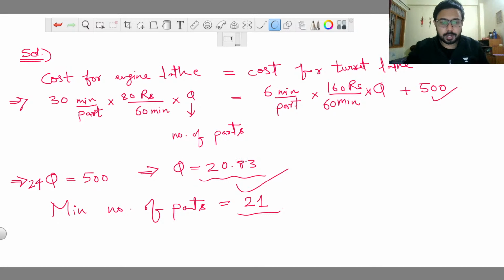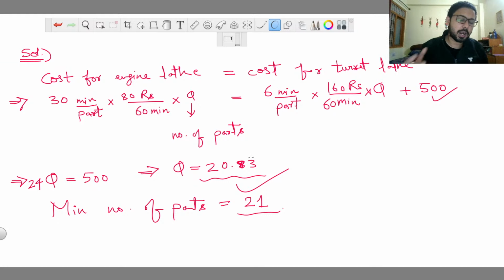If you create 20 parts, you will find your engine lathe to be more economical and the turret lathe to be less economical. So at least 21 parts need to be produced so that your turret lathe becomes more economical, since 21 is more than 20.83.